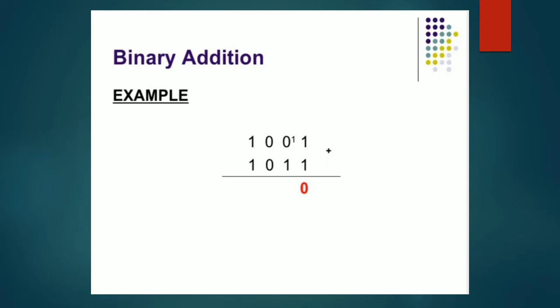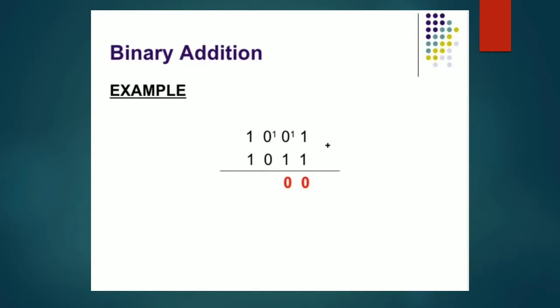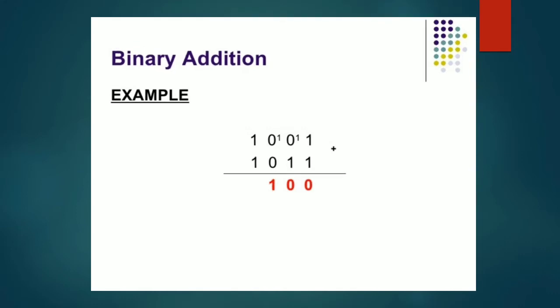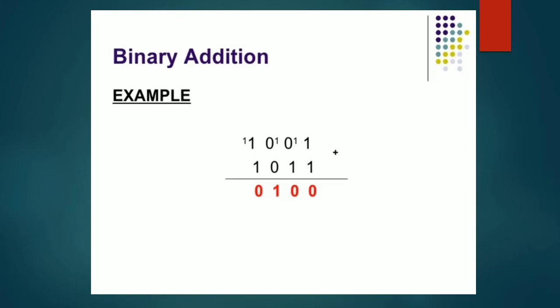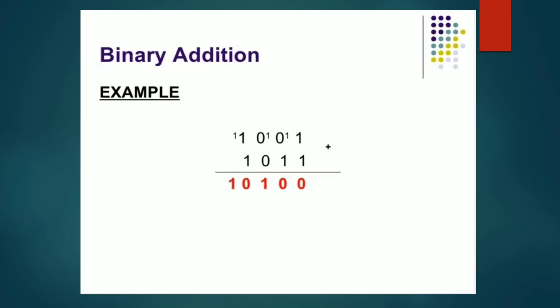Then 0 plus 1 is 1, but the carry is 1. 1 plus 0 is 1, and 1 plus 1 is 0, so again the carry is 1. Now 1 plus 0 is 1, and 1 plus 1 is 0 and carry 1. That completes the binary addition.